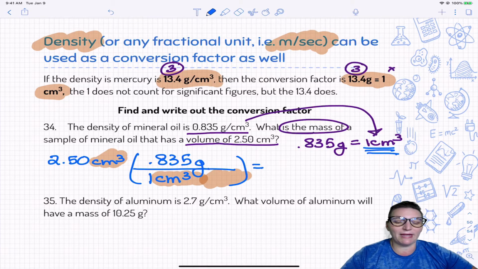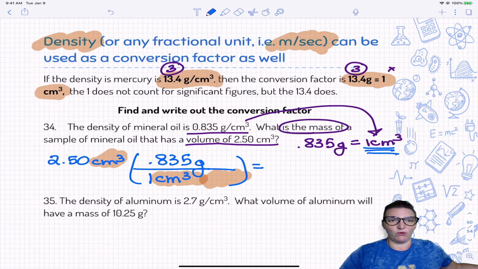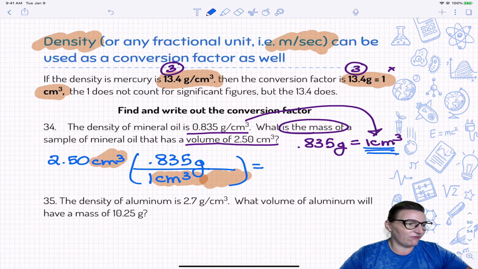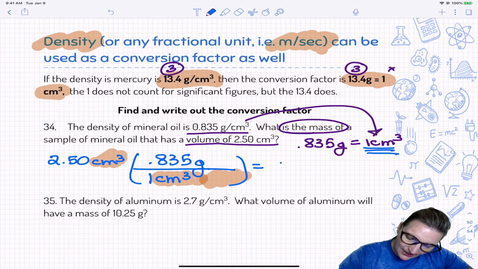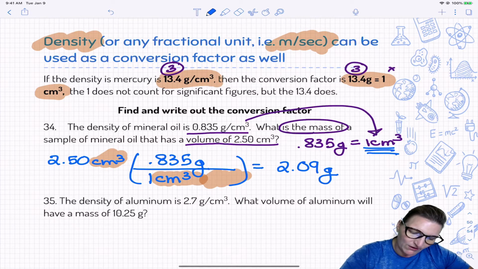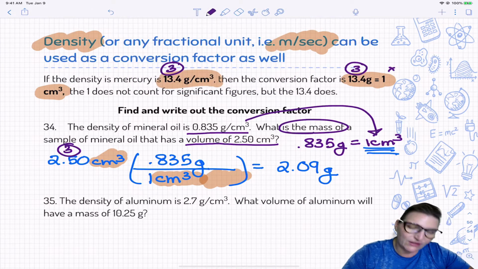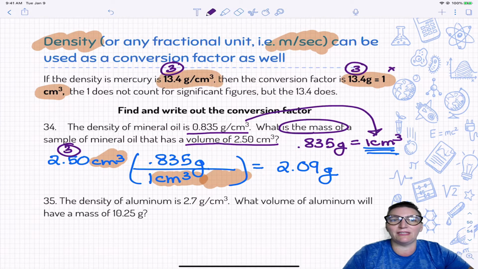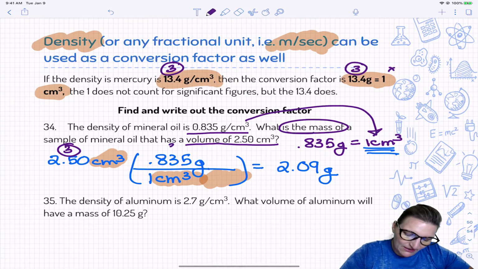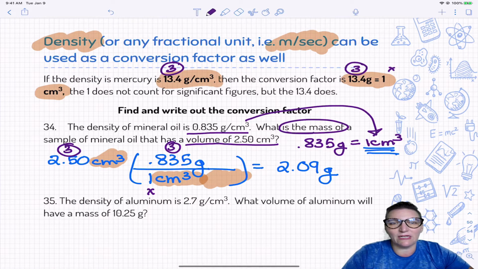Okay, so now in my calculator, I take 2.50 and I multiply that by 0.835 and I get 2.09 grams, right? I'm using 3 significant figures from the 2.50. That 0 is at the end and there's a decimal point. That means it's significant. This number has 3. The 1 centimeter cubed doesn't count. So my answer should have 3 significant figures.